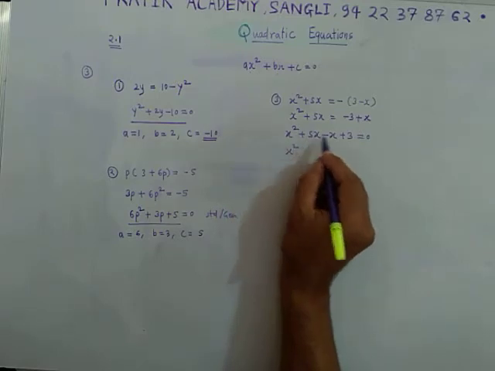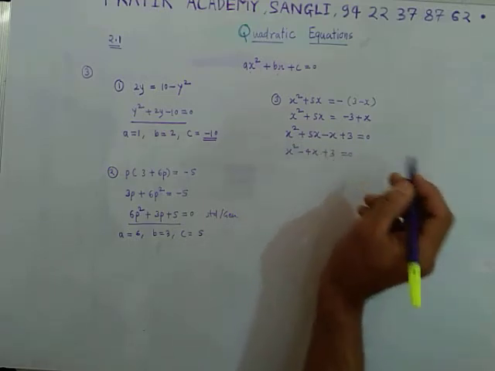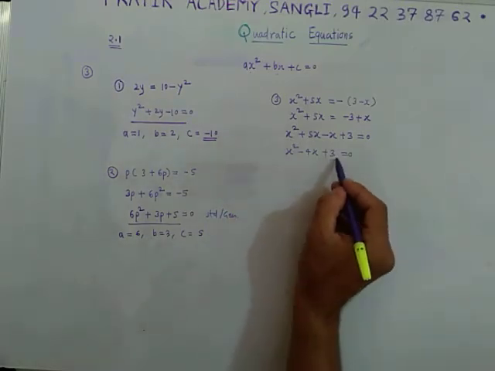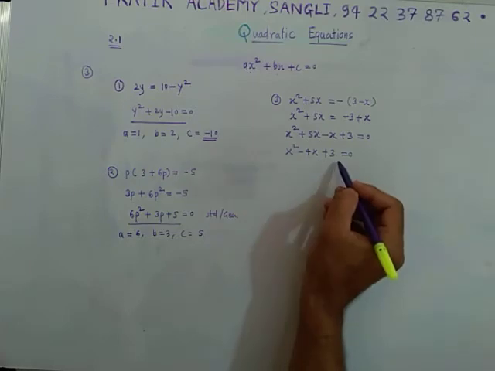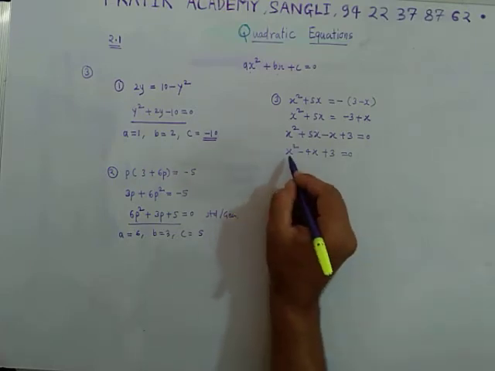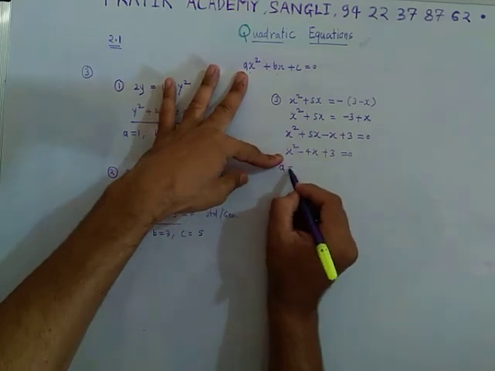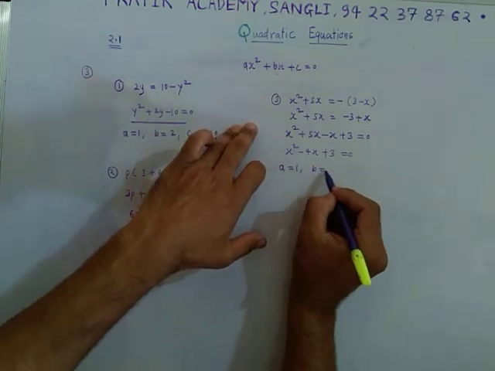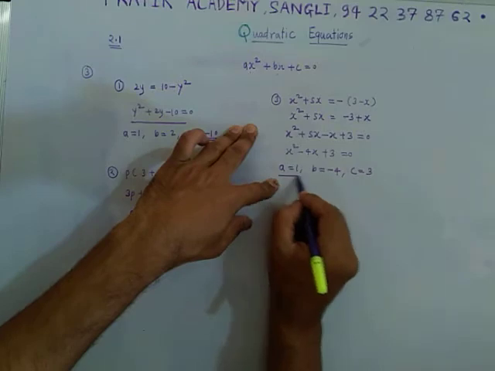Then x² + (5 − 1)x + 3 = 0, which is x² + 4x + 3 = 0. Then this is a quadratic equation, and it is already in standard form. Then check the coefficients: the coefficient of x² is 1, so a is 1. For b, the coefficient is 4, and c is 3.